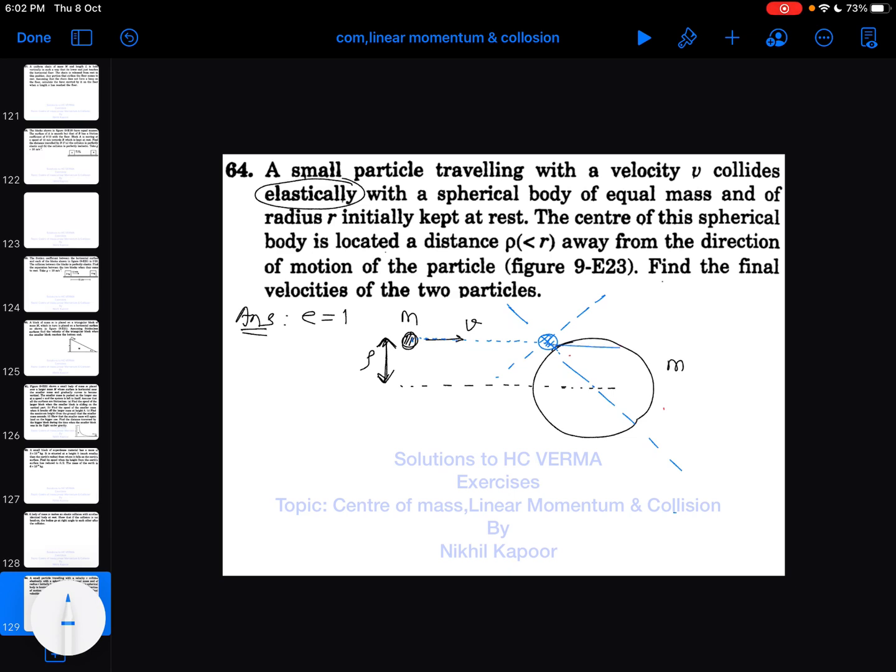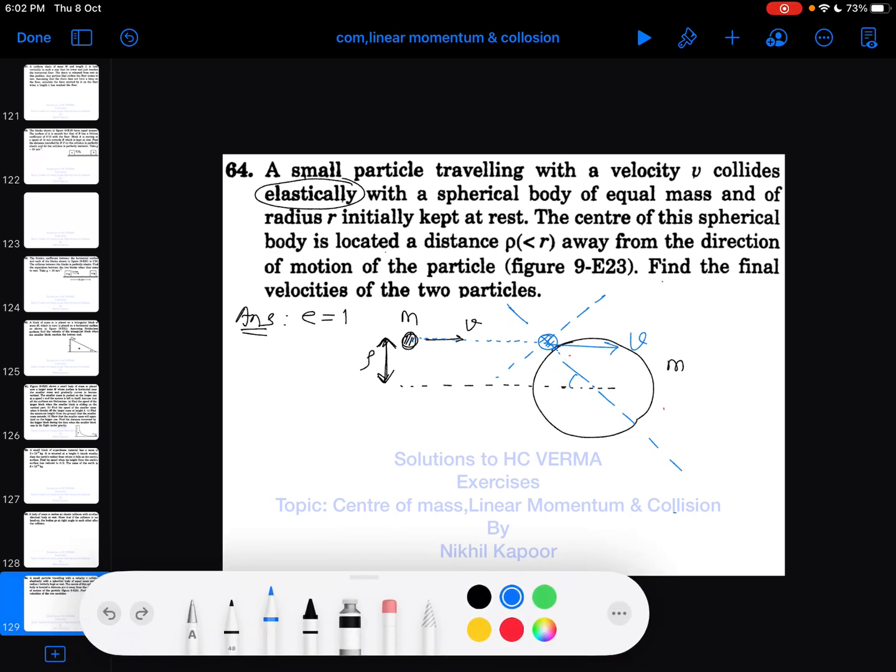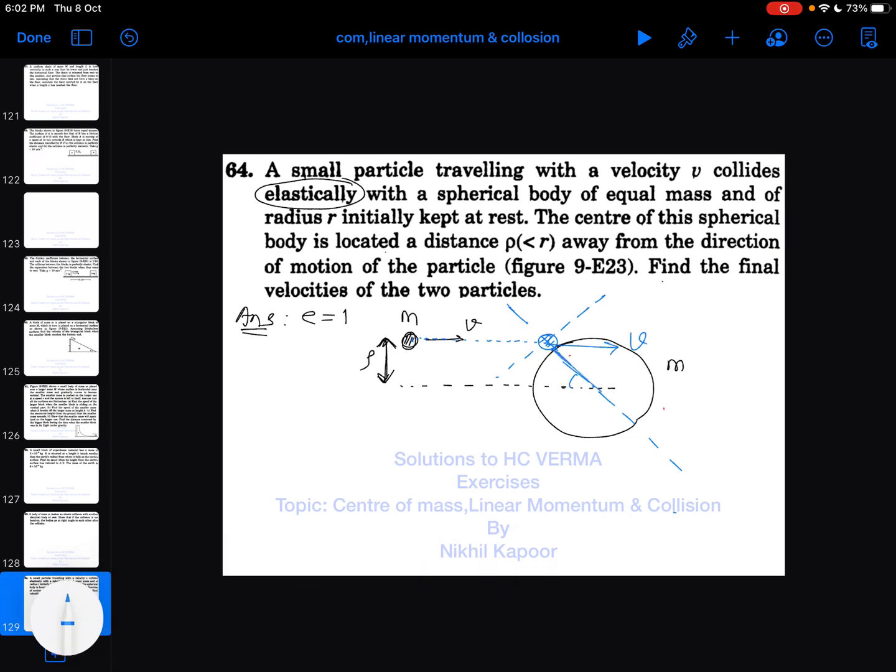But to resolve the velocity, we need to find this angle, and we can find this angle by using this triangle. The radius of the sphere is r while the impact parameter is rho.